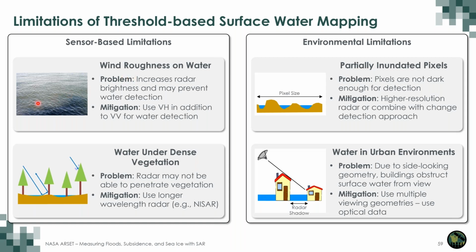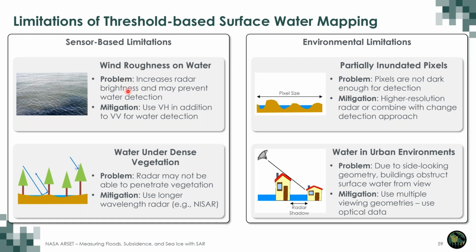If you blow wind over a water surface, you create small ripples on the water surface. Those are called capillary waves. You can see that in the little image on the left-hand side. This causes some roughening of the surface and an increase in brightness. So during days of very strong winds, this threshold-based approach may run into some limitations.